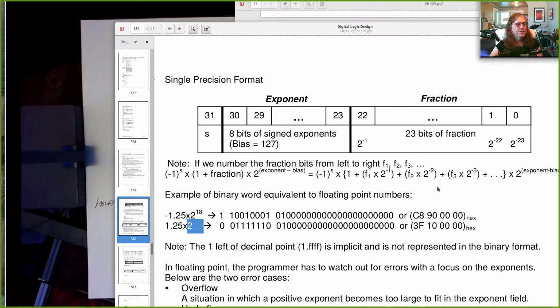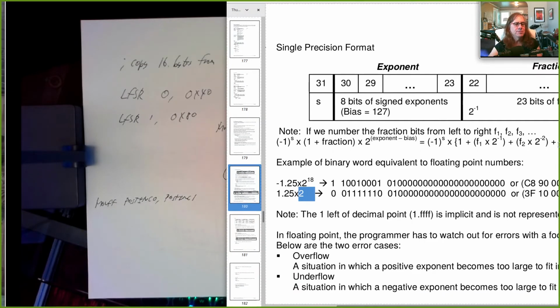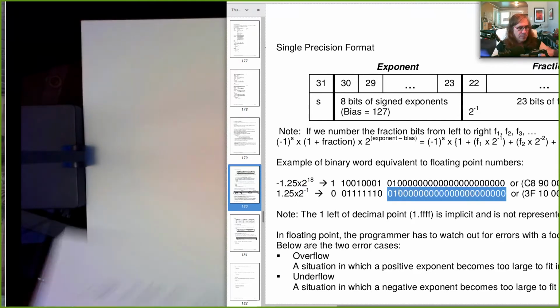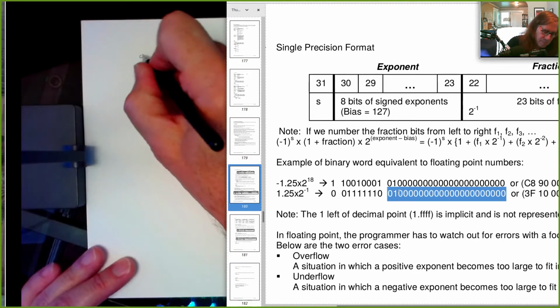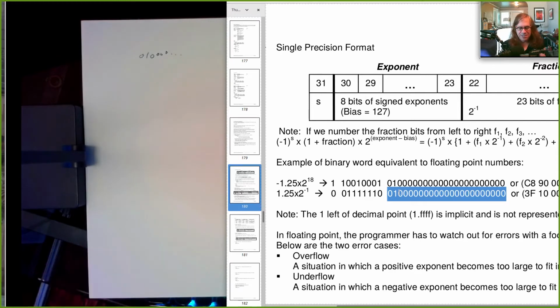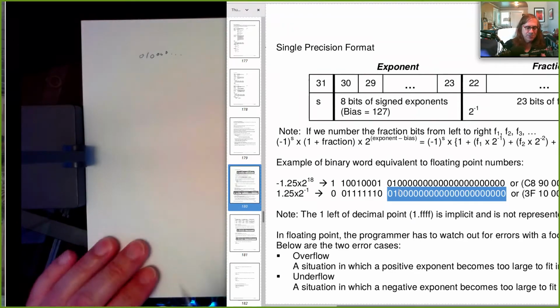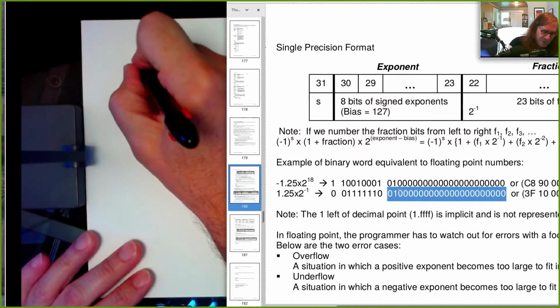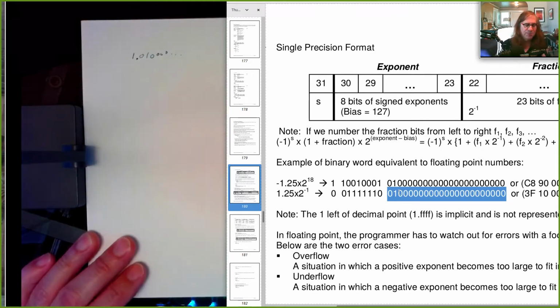And then your fraction is written as 0, 1 with a bunch of zeros. To see what that corresponds to in decimal, put the decimal point right to the left of that and add a 1 in the beginning.